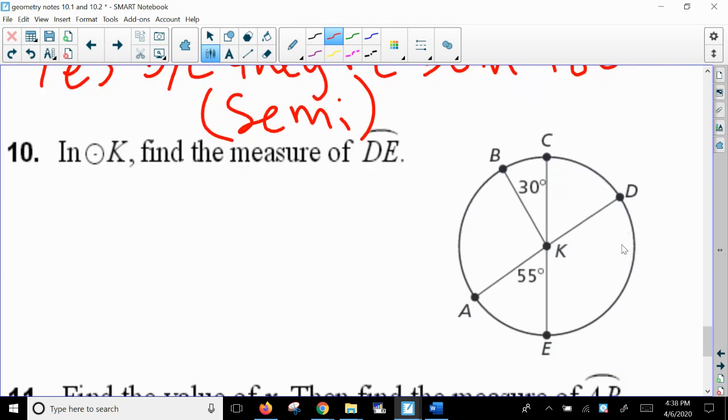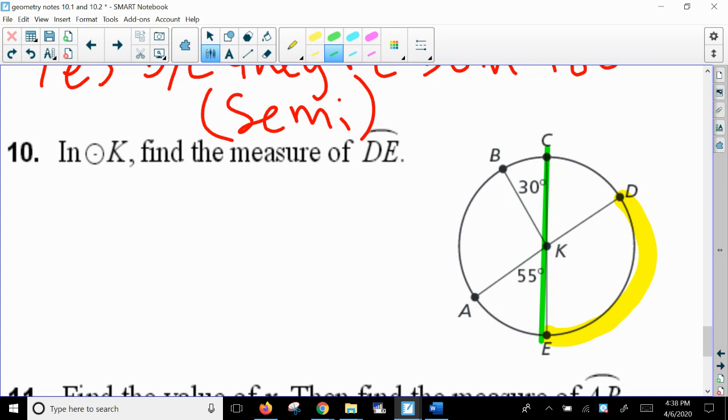Number 10. See if you can do this one without me. Pause here. You're asked to find the measure of arc DE. Go ahead and pause. Here's arc DE. Okay? So what I'm going to do first is recognize where my diameter is. See that?